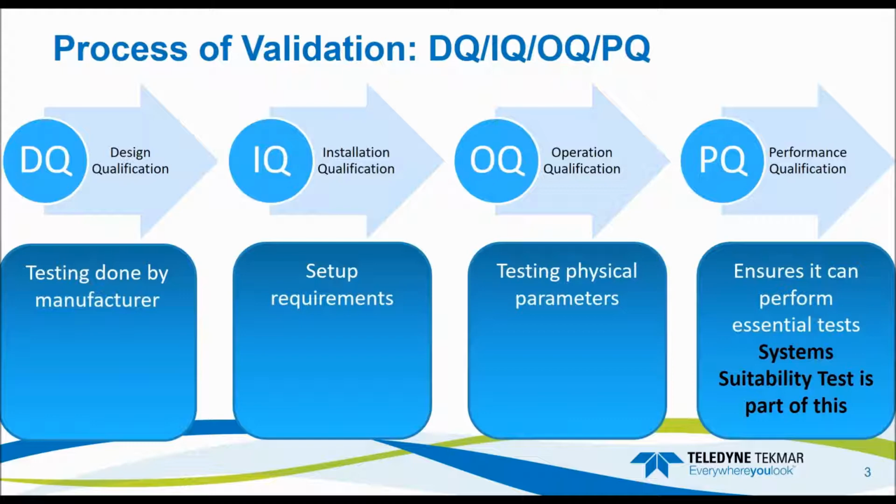So here's the process of validation in the pharmaceutical industry, which is called the DQ, IQ, OQ, PQ. DQ stands for design qualification. That's actually the part we do. During the designing and developing of the product, like the Fusion, there are numerous tests that we do.